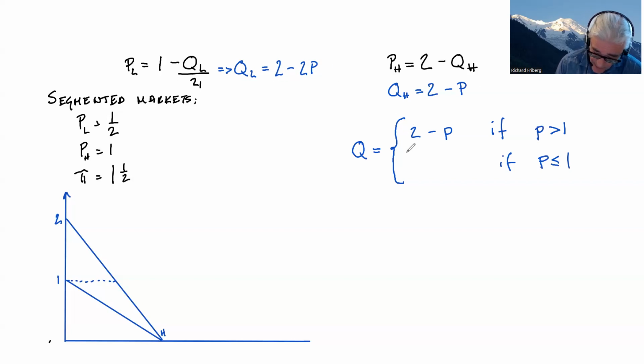So, okay, that's 2 minus 2P plus 2 minus P, or collecting terms here, 4 minus 3P. And let's erase this first just to have it looking a bit more clean. Okay. So that's the demand curve.